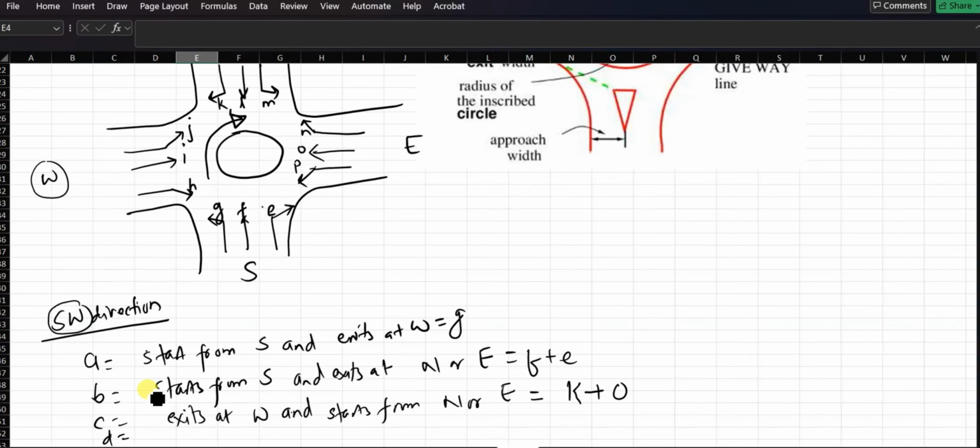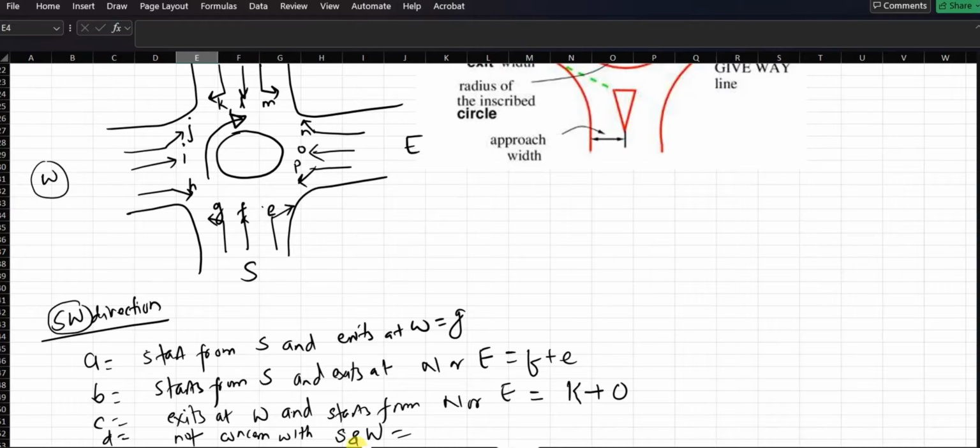So what is the value of D? It is the traffic not concerned with S and W. The traffic that is not concerned with south and west comes in the D section.